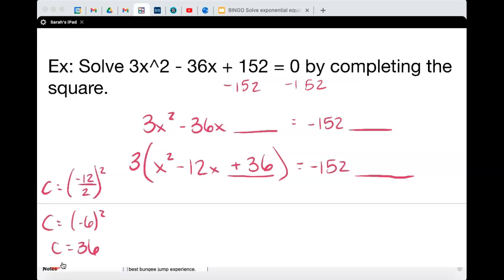So what is 3 times 36? 108. Okay, so then it's negative 152 plus 108.